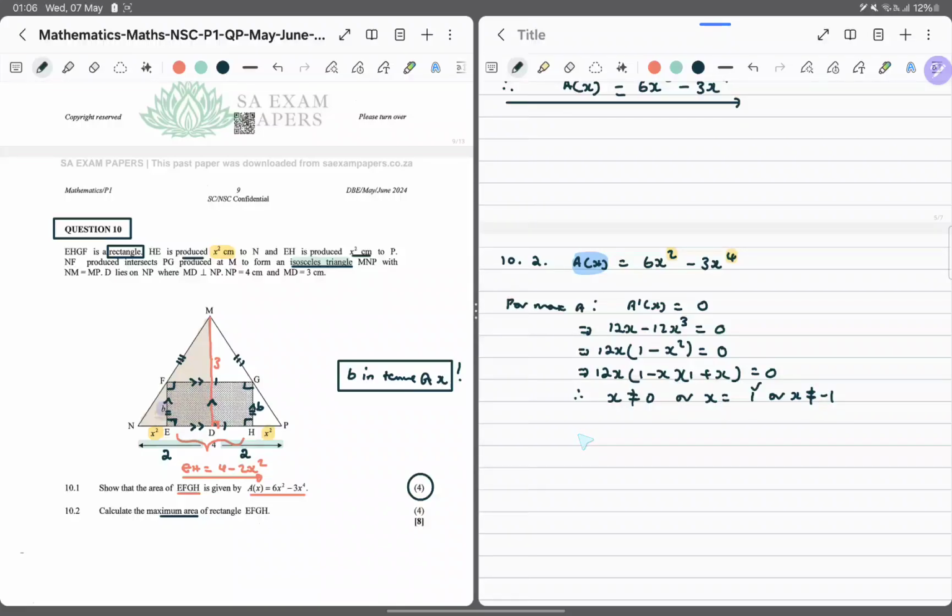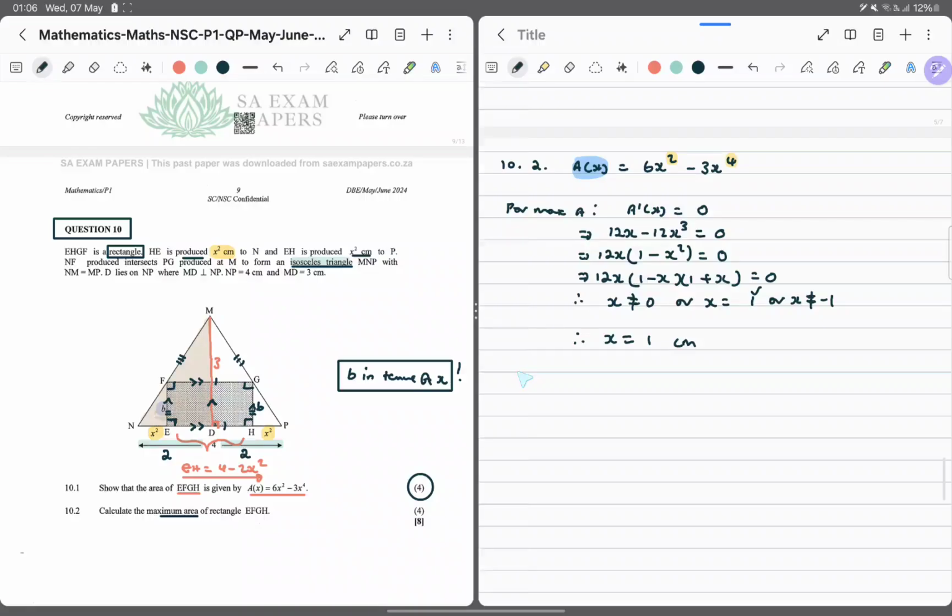Okay, so we can even make a nice conclusion that x must be equal to 1 centimeter, because that's the unit here. You need to be very clear about it.